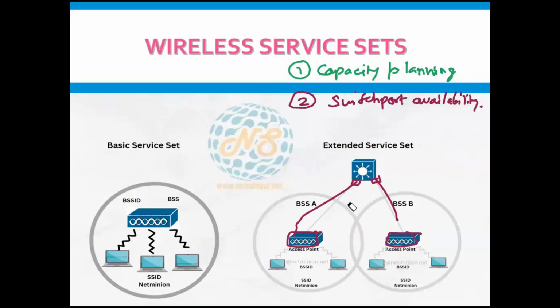If you don't have a switch port available, it means you cannot plug your AP in to get it connected to the wired network. It is absolutely necessary to have the specific interface available. So whenever you are designing, you need to think about switch port availability also. Getting my point?